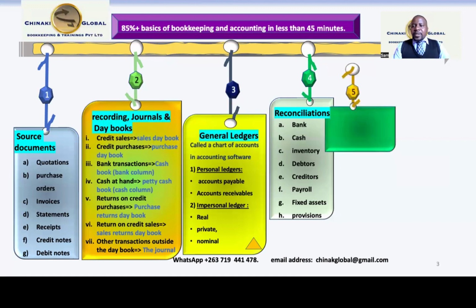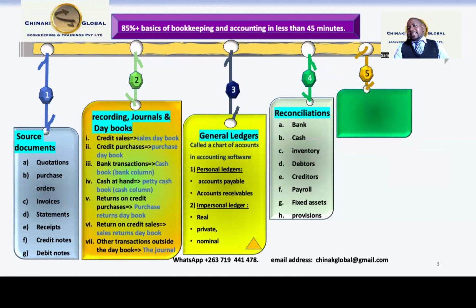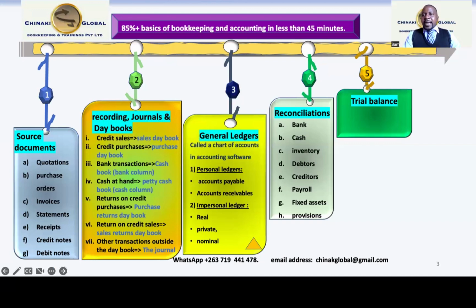So having done all the reconciliations, we can take our totals from the general ledger to the trial balance. So when we are in the trial balance, we need to understand that the first trial balance that we prepare is called the unadjusted trial balance. Okay, so an unadjusted trial balance is actually the first trial balance that we prepare from the totals we are getting from the what? From the general ledgers, right?